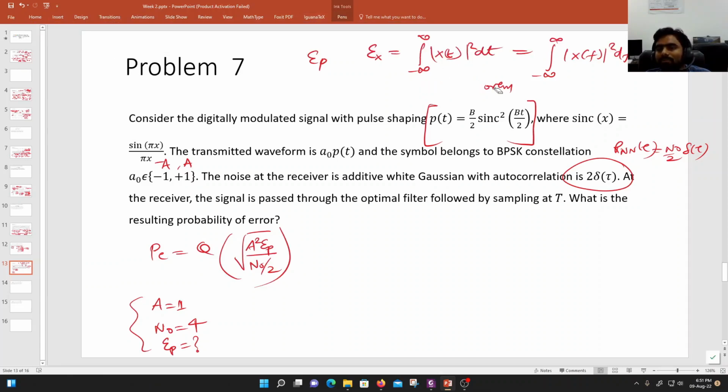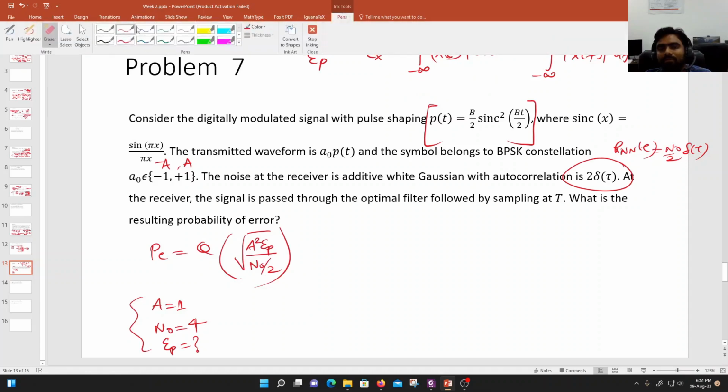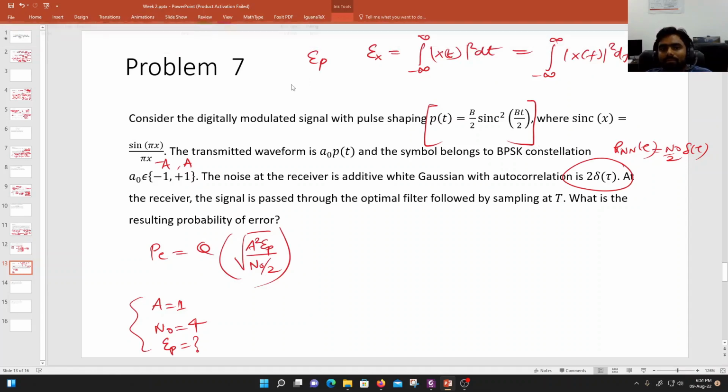Parseval's theorem. You go through this theorem. So you need to first find the Fourier transform and integrate over that. Then you will get the energy of the pulse, and you substitute here, you will get the probability of error.